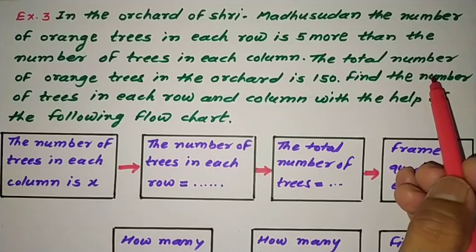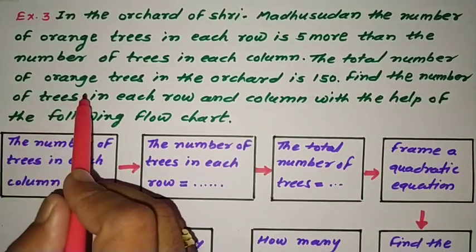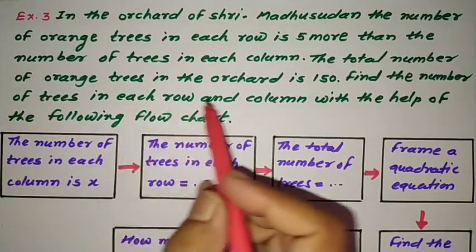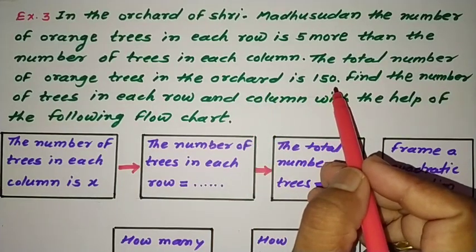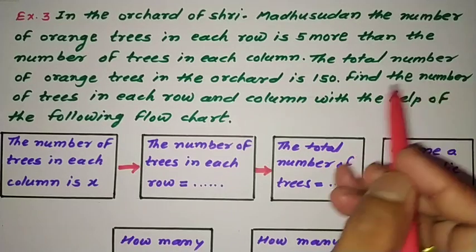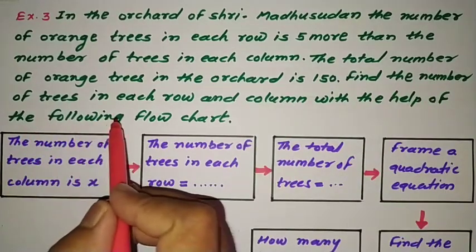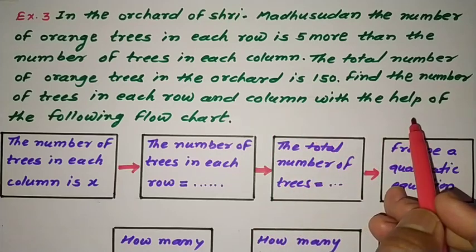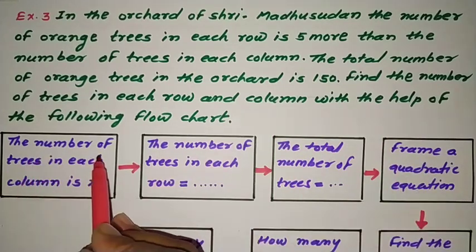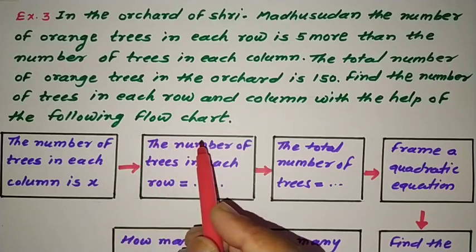The total number of orange trees in the orchard is 150. Find the number of trees in each row and column with the help of the following flowchart.